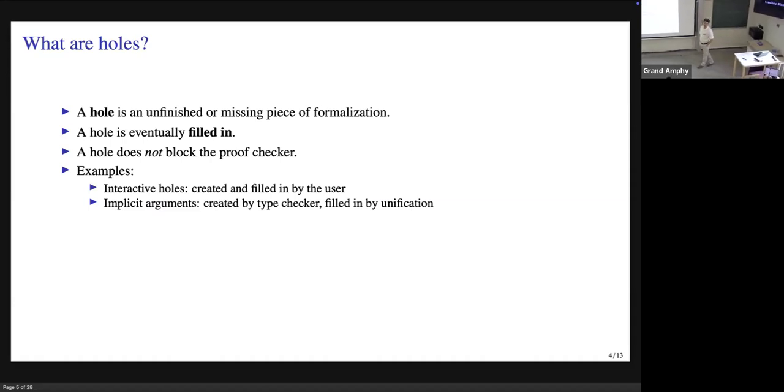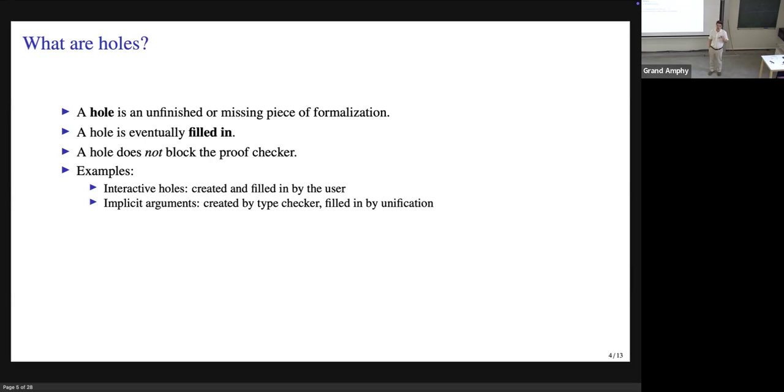Another one where the hole is invisible, but it's there, is an implicit argument. So how does an implicit argument work? You define your function and you mark your argument as implicit. What this tells the type checker is that when it sees your function applied, it knows that you did not provide that argument.